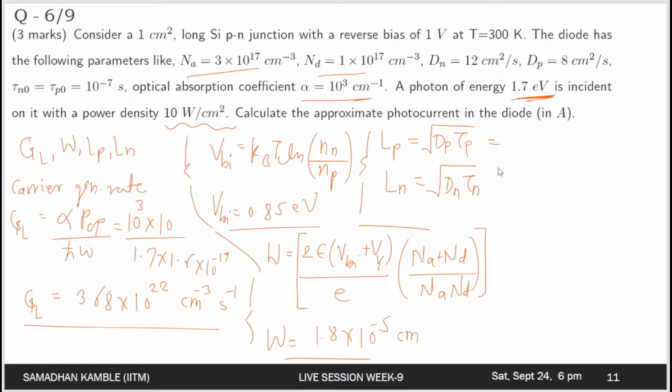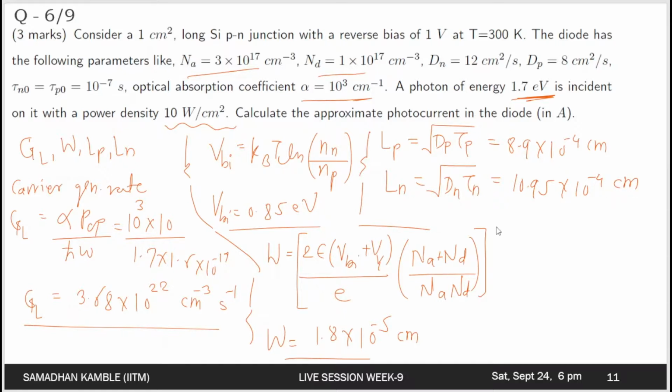Again, mere substitution, I am just writing the final answer here. It comes out to be 8.9 times 10 to the power minus 4 centimeter, the diffusion length for the holes. The diffusion length for the negative charge carriers is 10.95 times 10 to the power minus 4 centimeter.